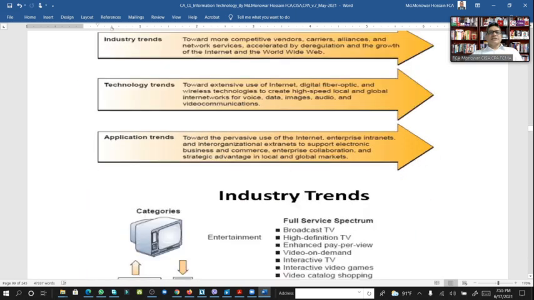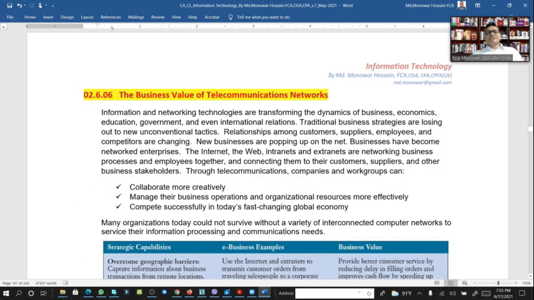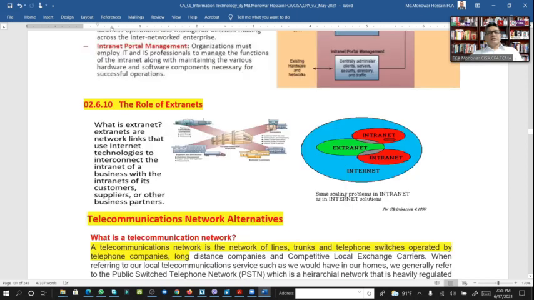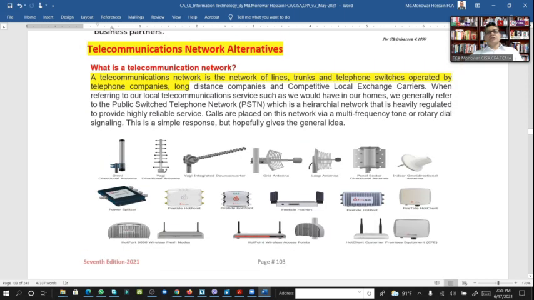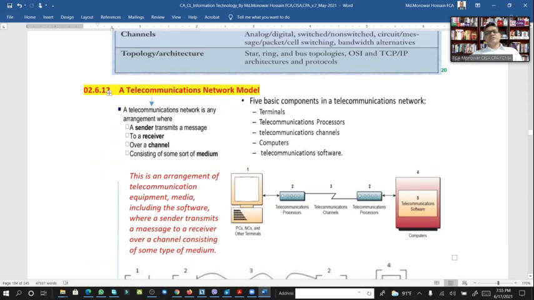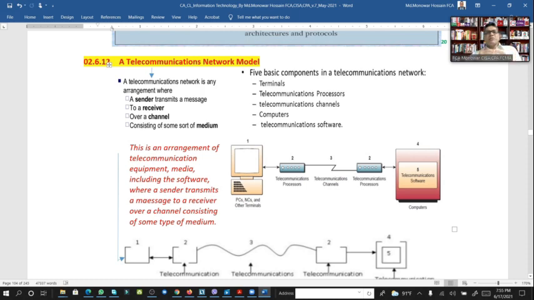And we have seen the industrial trend of networking, the business value of telecommunication networks, the role of the extranet, and telecommunication network alternatives. This is the telecommunication network model: a telecommunication network is any arrangement where a sender transmits a message to a receiver over a channel consisting of some sort of medium.